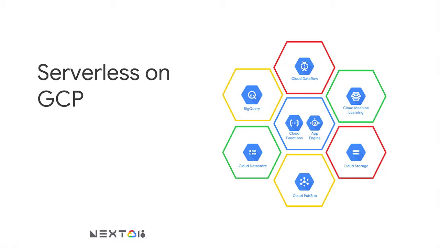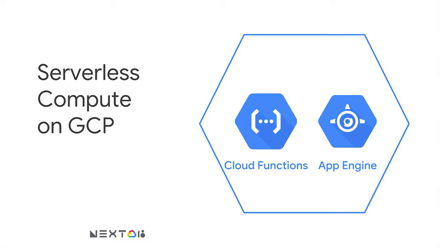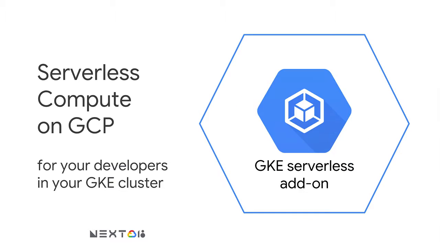So today, our 2 generally available products in Google Cloud that are serverless compute are Cloud Functions, that we announced to be generally available yesterday, and App Engine, that has been here for a while and loved by many customers. So these are our 2 serverless compute products. And recently, we introduced a newcomer in this picture, which is the GKE Serverless add-on.